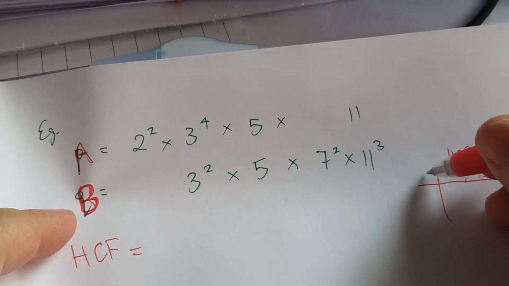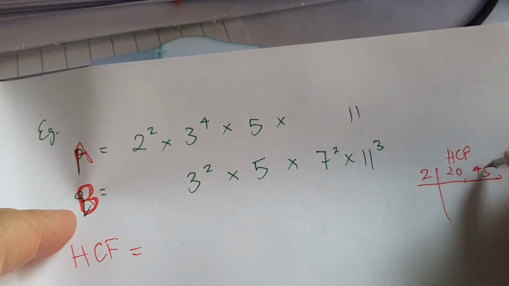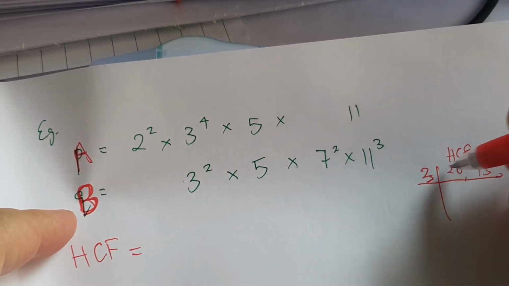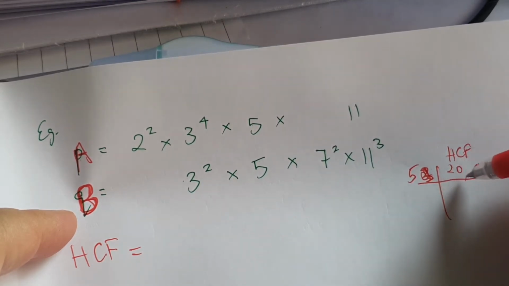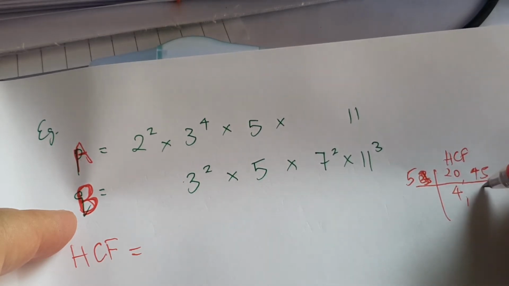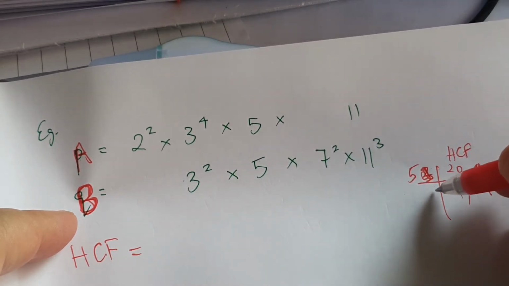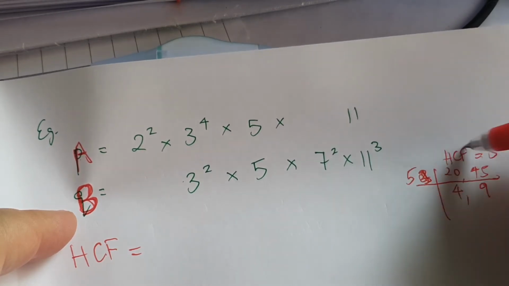You must make sure that the prime factor you are dividing by applies to both. You have 2, I must have 2. I have 2, but this value doesn't have 2, so cannot. 3 cannot, 4 cannot also. So 5. So 5 is the first one, then it will be 4 and this will be 9. After that you find that it cannot go further, so your HCF is 5.